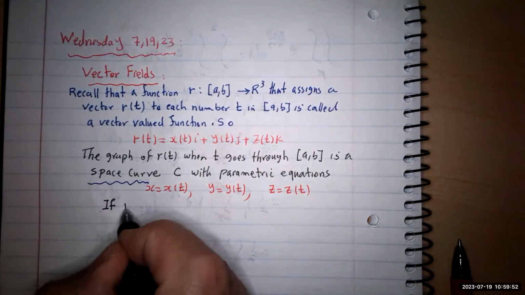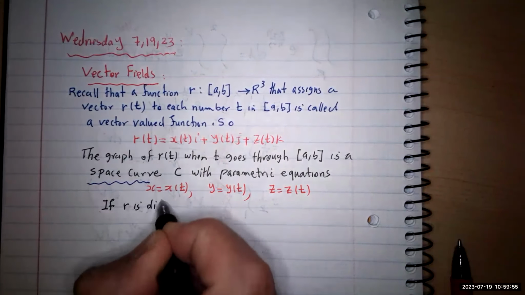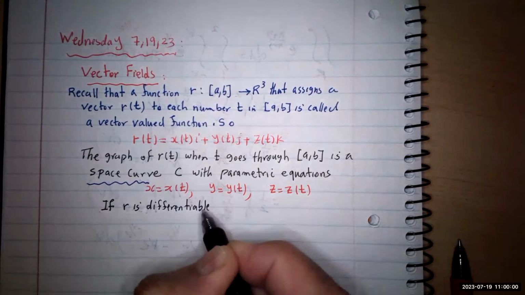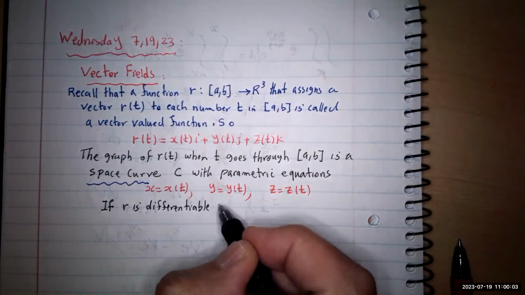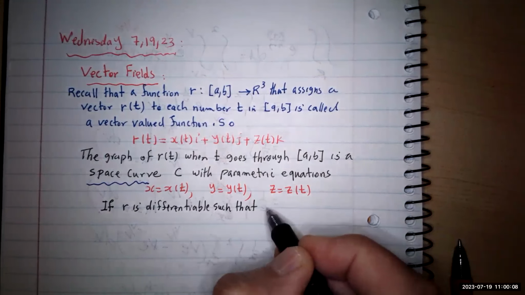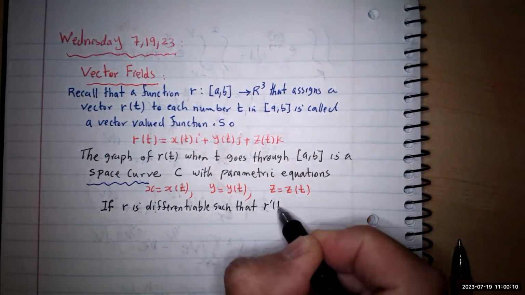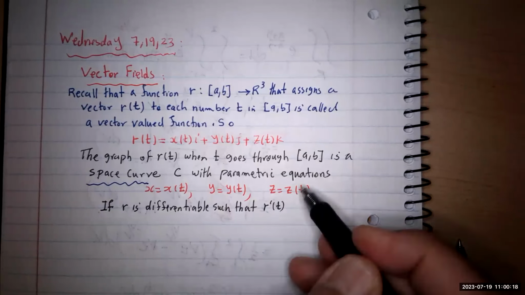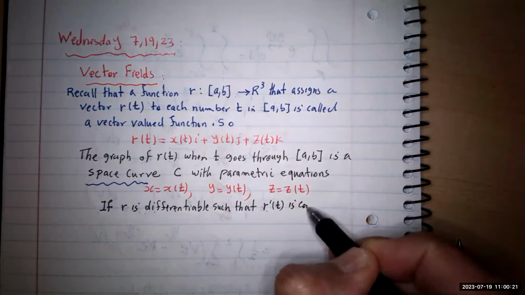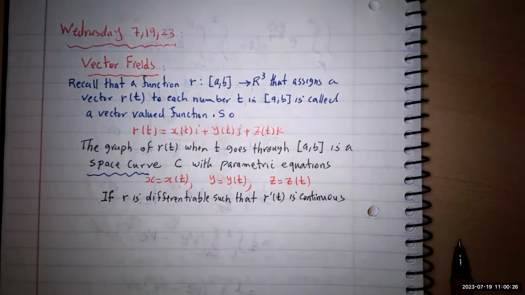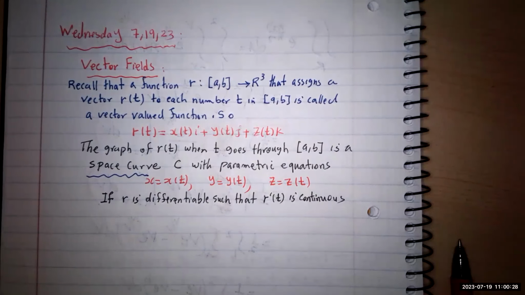So if R is differentiable, such that the derivative of the function, you know that if a function is differentiable, you cannot say anything about R prime of t unless you say it. So if R is differentiable such that R prime of t is continuous, because there is no guarantee that if the function is differentiable, the derivative is continuous.